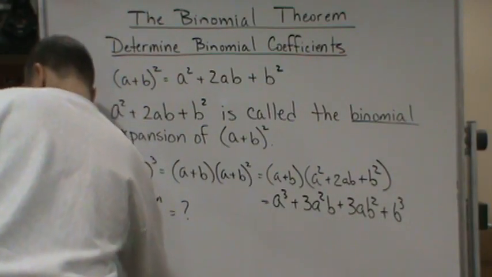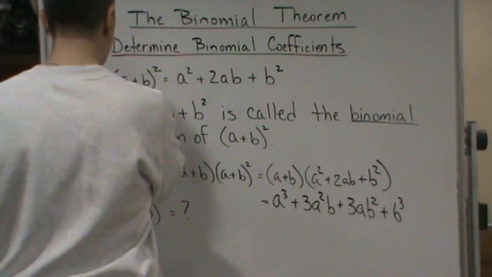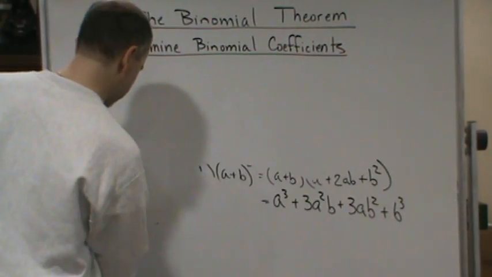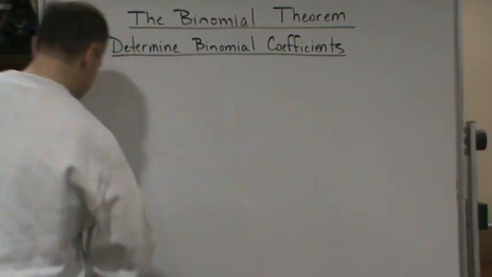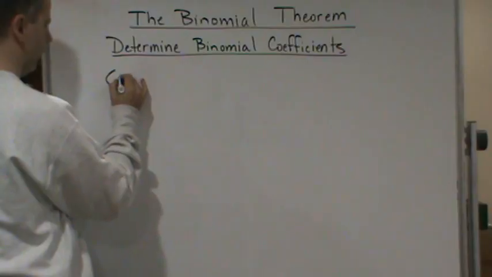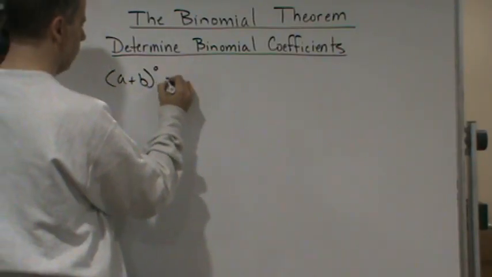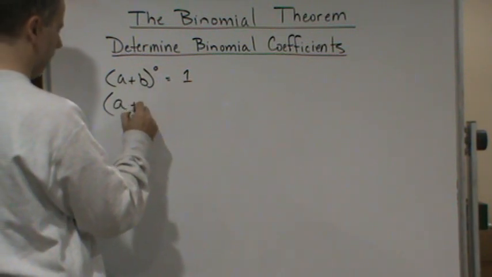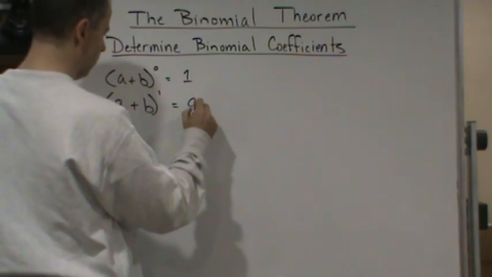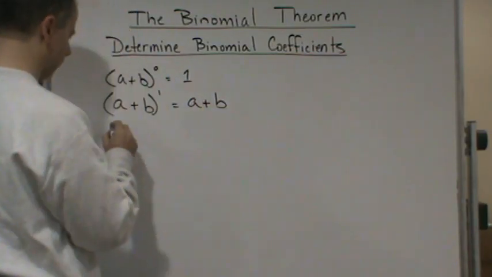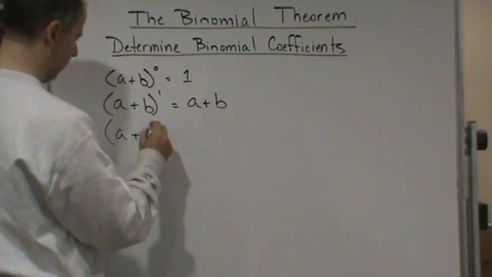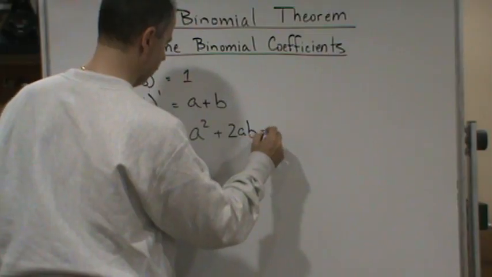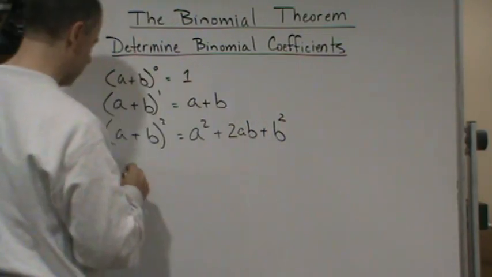Okay? And so if we notice something, I'll just write this here for a moment. We have (a + b)^0 = 1. (a + b)^1 = a + b. (a + b)^2 = a^2 + 2ab + b^2.